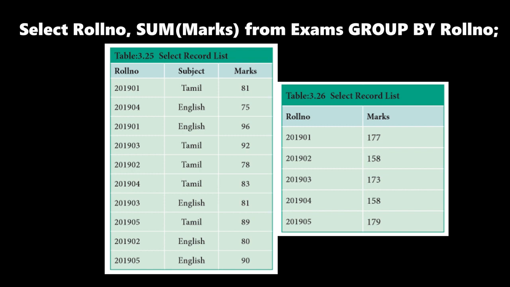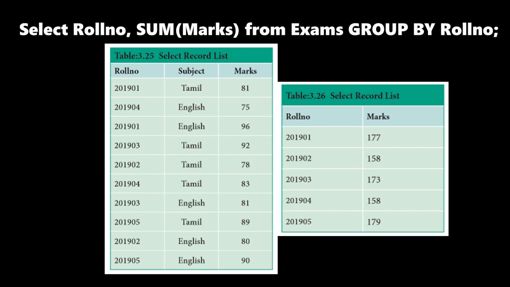That means in the previous record list, if you see, for 201901 Tamil mark is given as 81, right? Then 201904 mark is there, and then again 201901 English mark is given as 96, right? So we have to add both the marks and display it for this 201901.